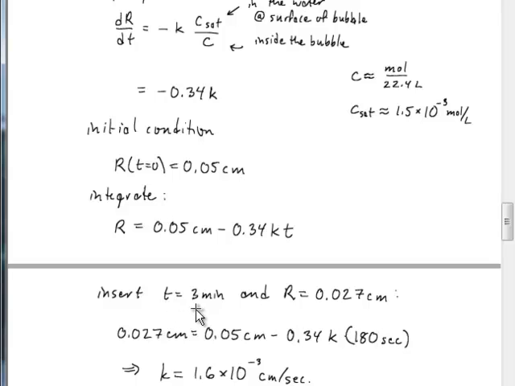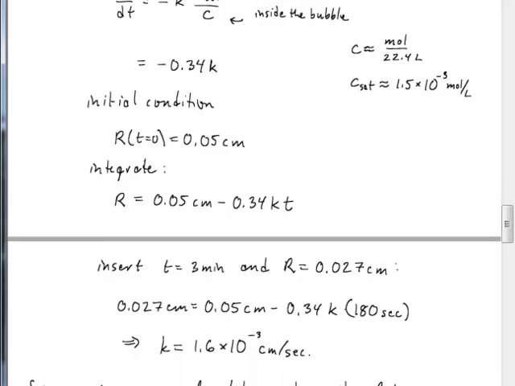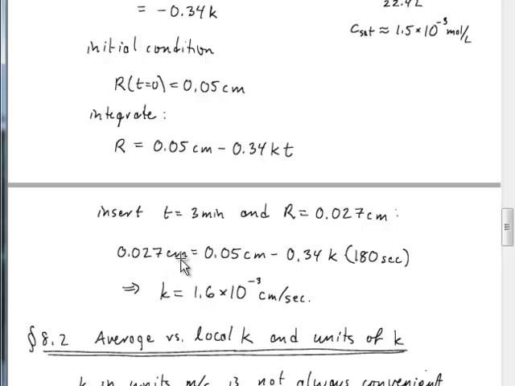We're going to insert t equals 7 minutes and r equals 0.027 centimeters for the final condition. And so that pins down the radius at the final time, the radius at the initial time minus this coefficient with a K that we don't know, and we get our 7 minutes in here gives K equals 1.6 times 10 to the minus 3 centimeters per second for a mass transfer coefficient. And that's it.